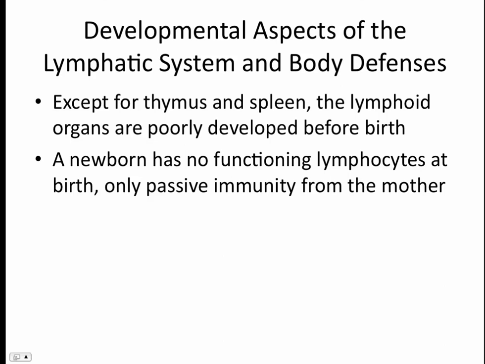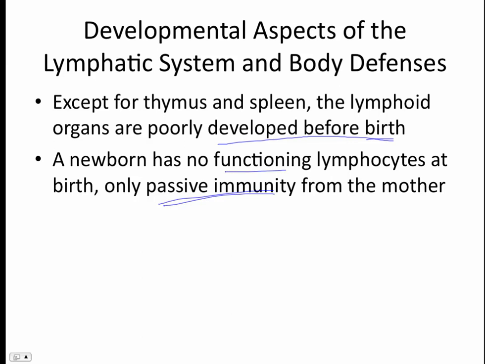Looking at the developmental aspects of the lymphatic system and body defenses, except for the thymus and spleen, all the other lymphoid organs are poorly developed before birth. The only type of immunity that we can get from mother to fetus or mother to newborn is passive immunity. And so we have no functioning lymphocytes at birth.